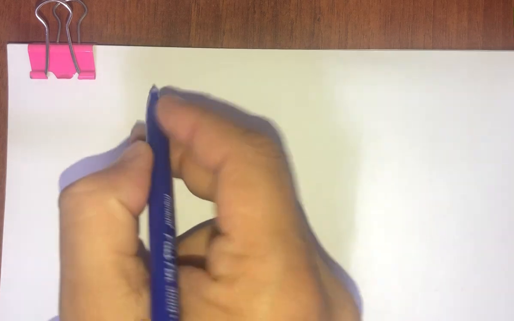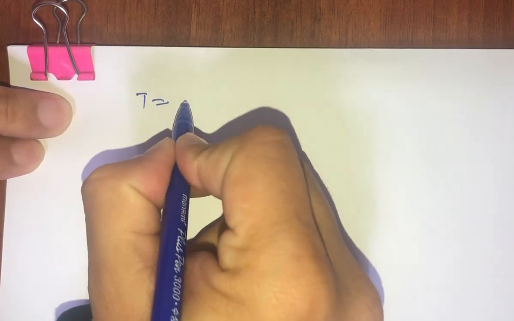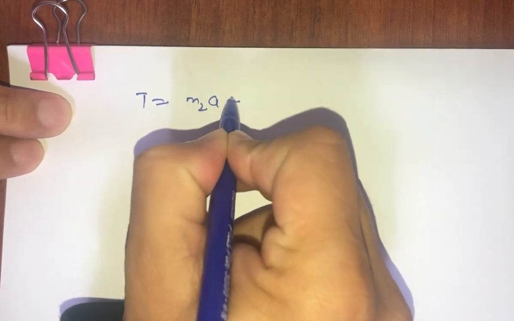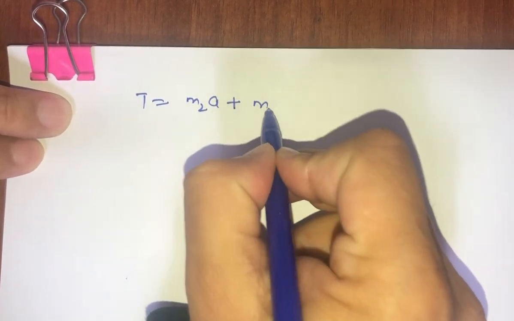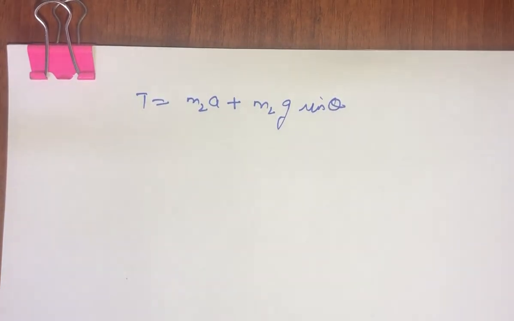So tension T is equal to m2a plus m2g sine of theta.